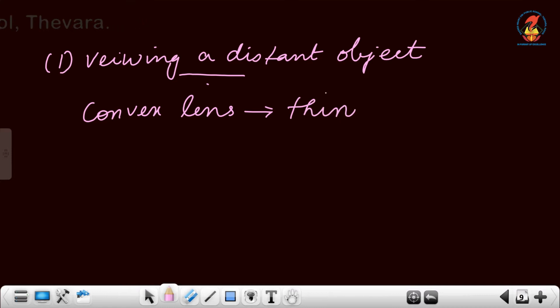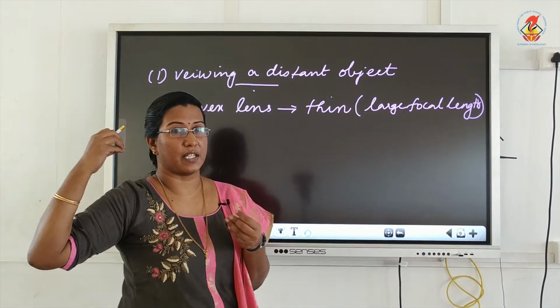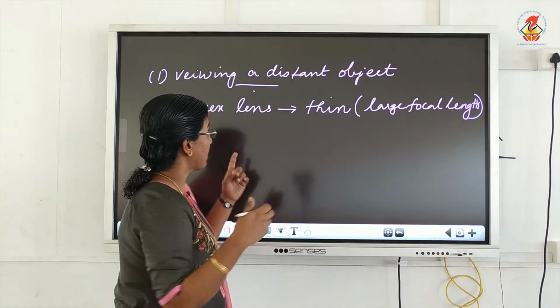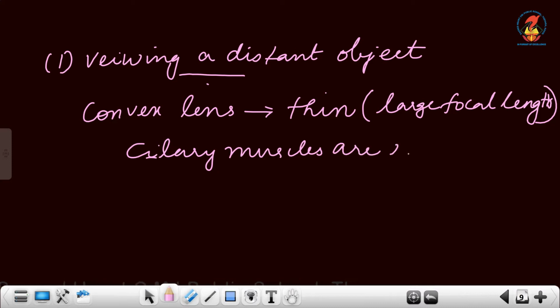I have told you, if the lens is thin, then it has a large focal length, and hence the light rays are focused onto the retina. So the ciliary muscles are relaxed when we are viewing distant objects.